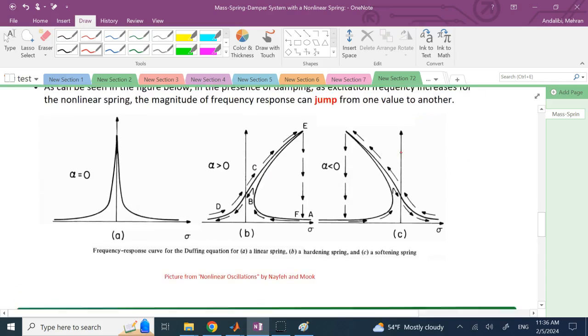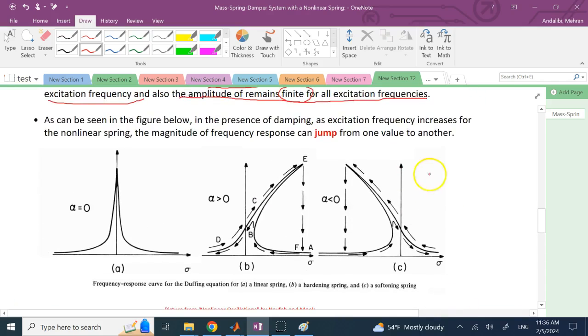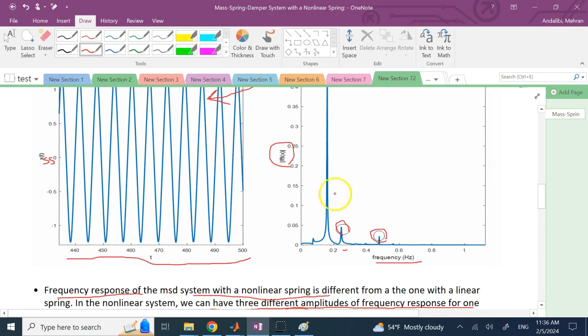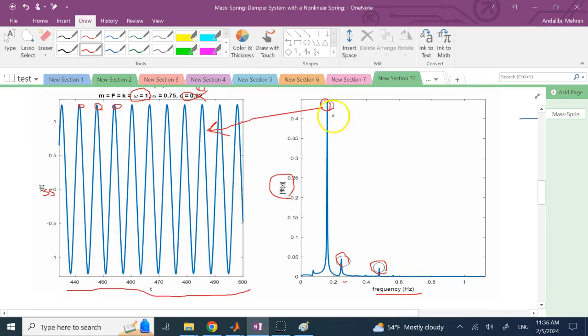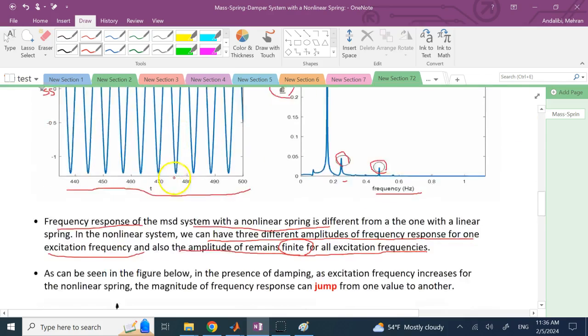Good. One more thing that is interesting is because we have several peaks at the same frequency, you might have several harmonics under one single response.